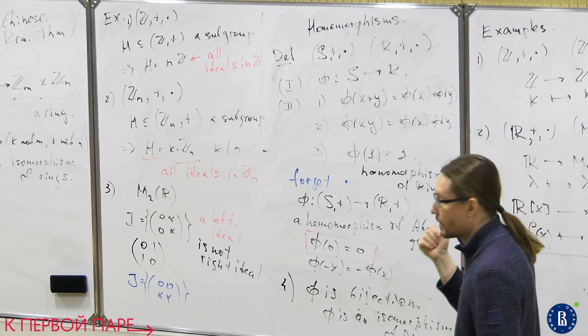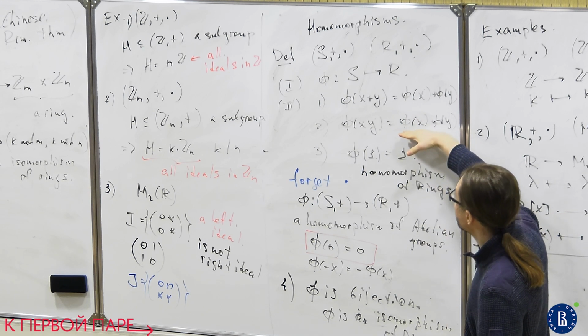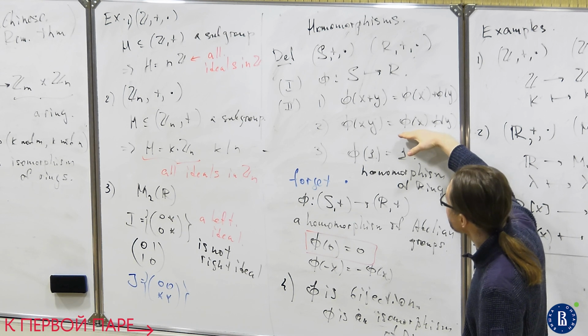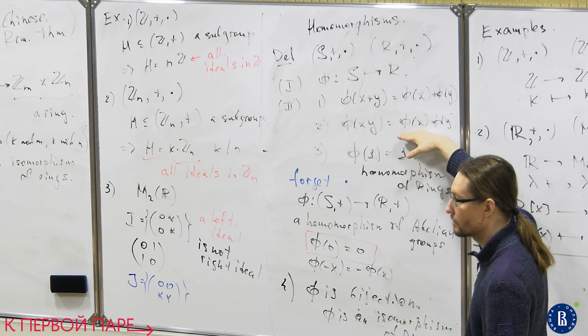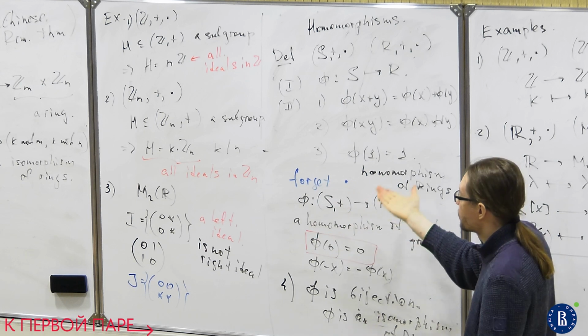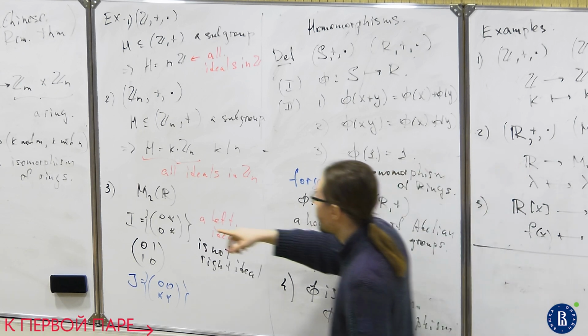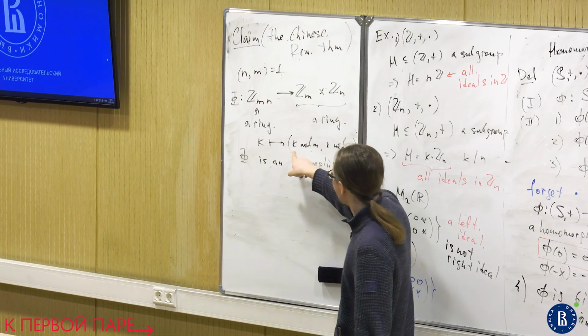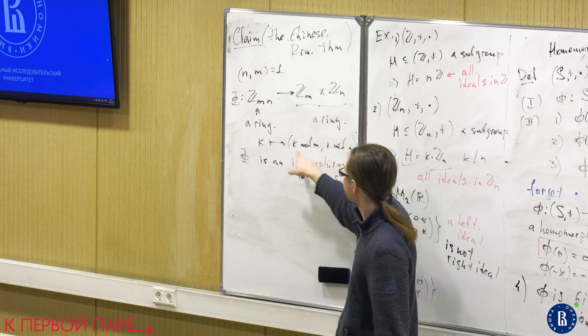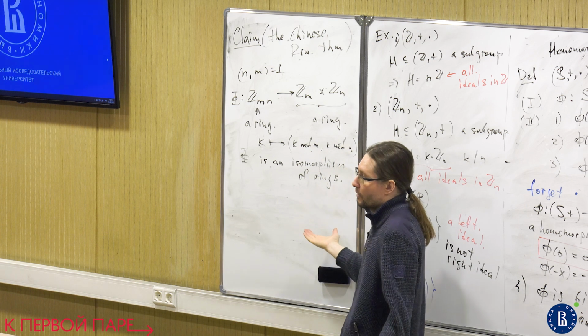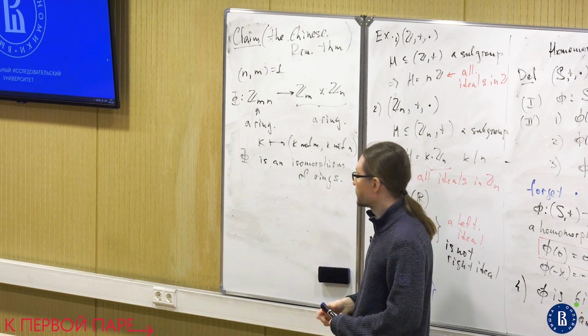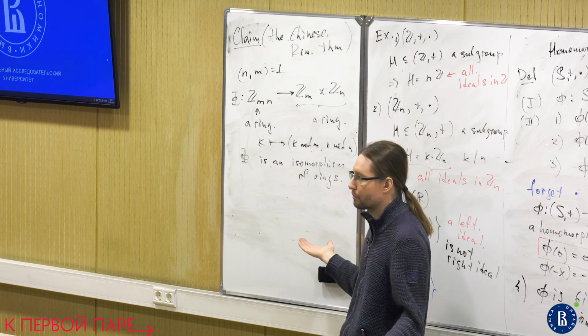It's more or less clear by the definition that this map preserves multiplication, because the mod m and mod n operations preserve multiplication. And if you take 1, it goes to 1 mod m and 1 mod n, which is (1, 1), which means that it preserves the identity. So basically, that's the whole proof.